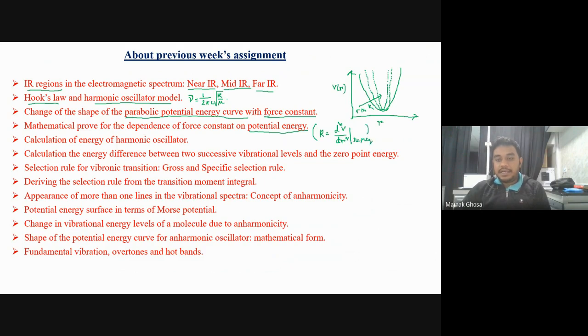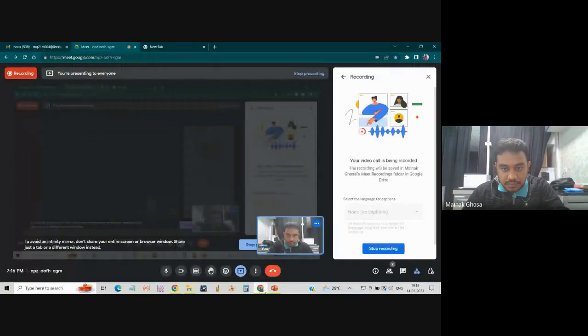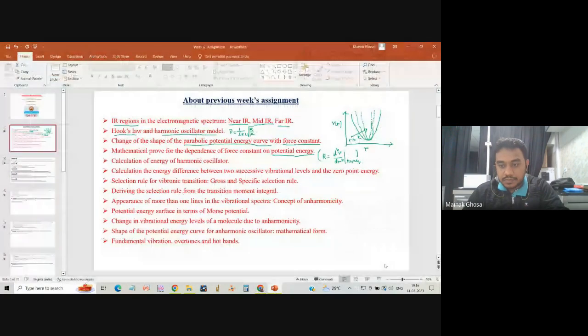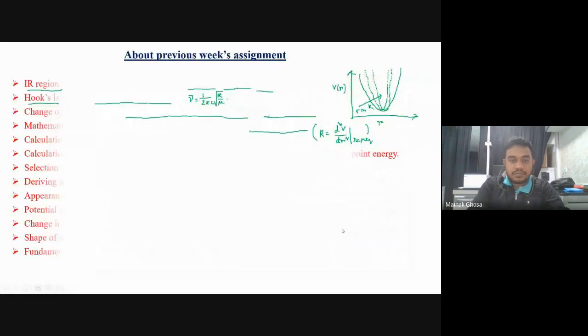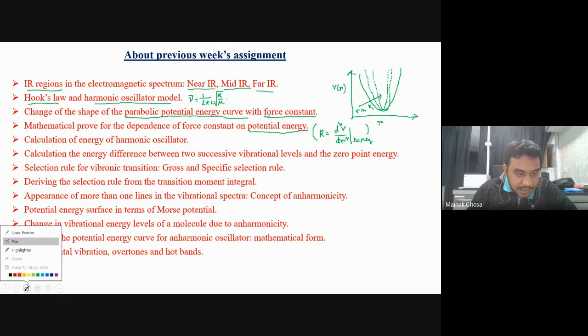It was also discussed that the force constant is the double derivative of potential energy with respect to R at R equals R equilibrium. Then there was a mathematical calculation for the energy of this harmonic oscillator.